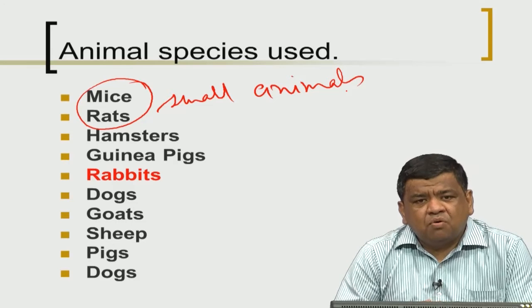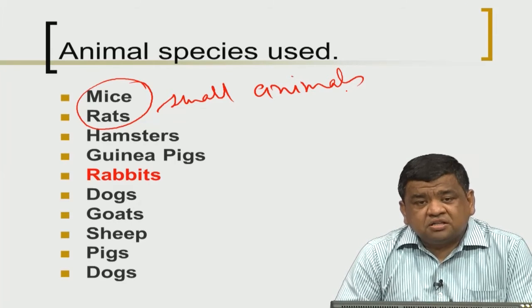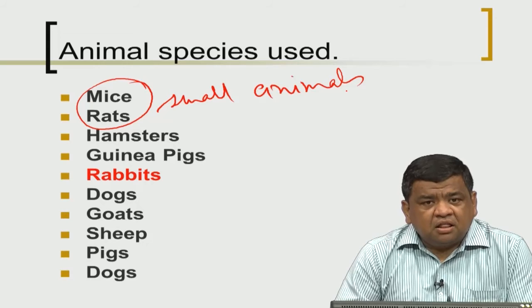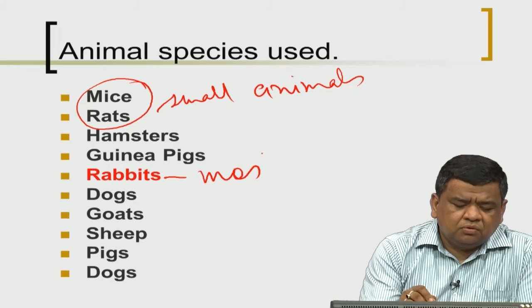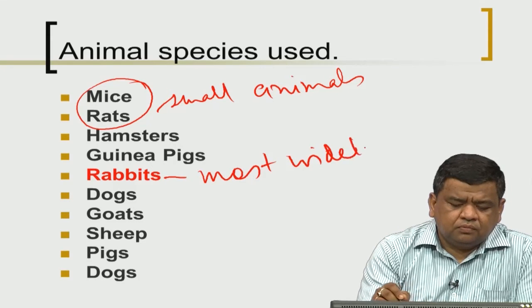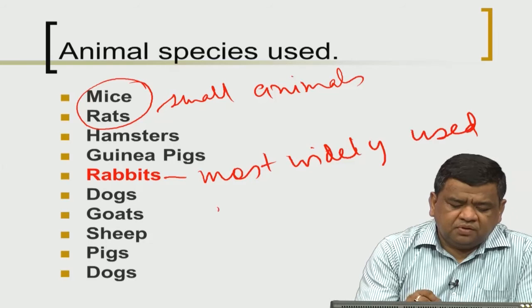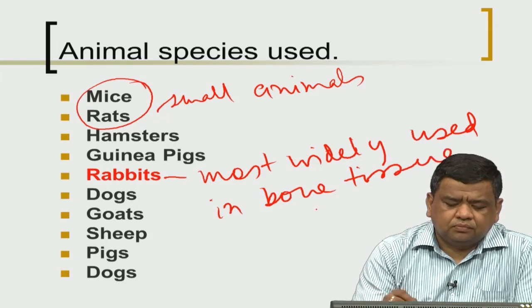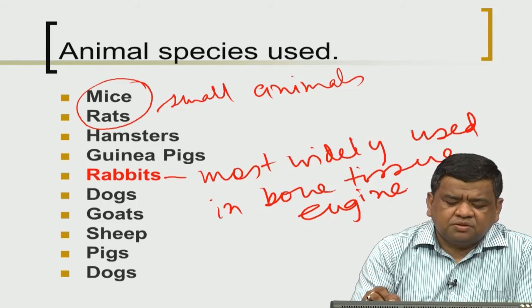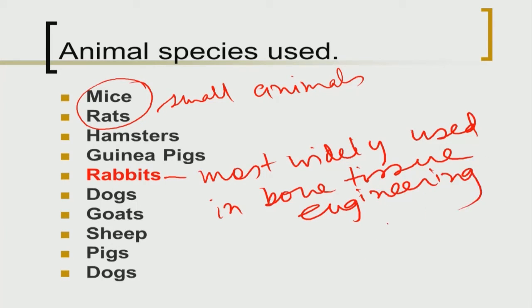Just to highlight the importance of rabbits, the fact that rabbits are by far the most widely used in bone tissue engineering research. Since the name of the course is Biomaterials for Bone Tissue Engineering Applications, I wanted to highlight which particular animal strain is used most extensively in bone tissue engineering applications.